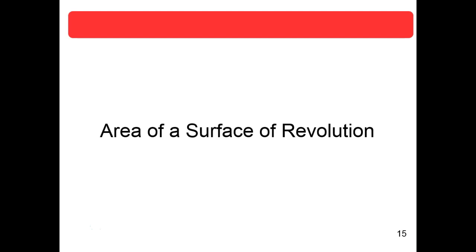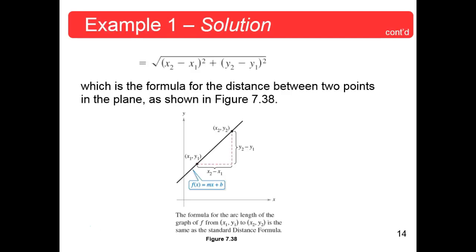Now that we've got the arc length down, they're moving to finding the area of a surface of revolution. But, as promised, they did the very simplest one. They skipped example 2, example 3, example 4, and example 5. Shame on them, okay? These are the ones that really take some effort.